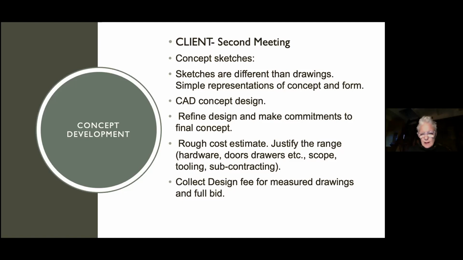Okay. And I've come up with a rough cost, not a final cost, because I haven't combed through a bid for materials and stuff. And so I give them a range. And this is always a little bit tricky because I haven't sat down and costed materials yet. And I haven't sat down and done measured drawings.